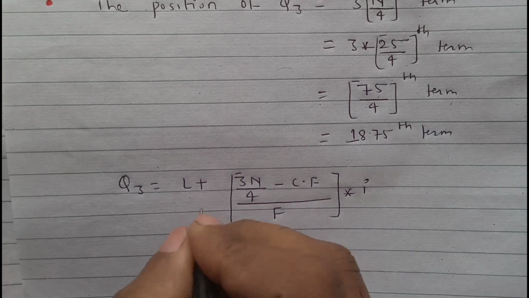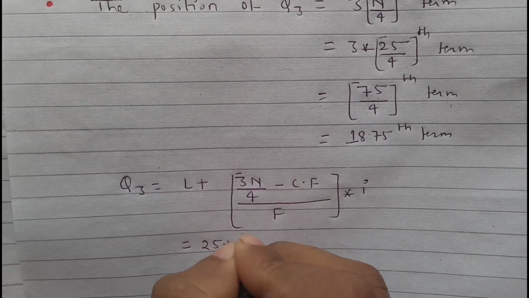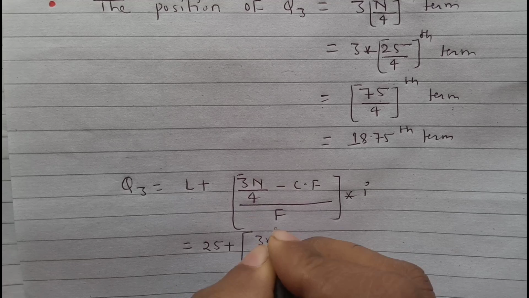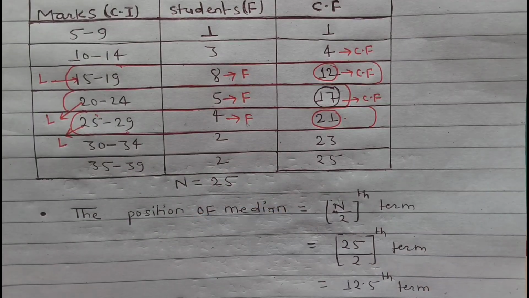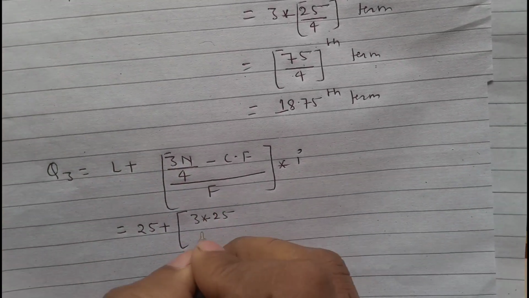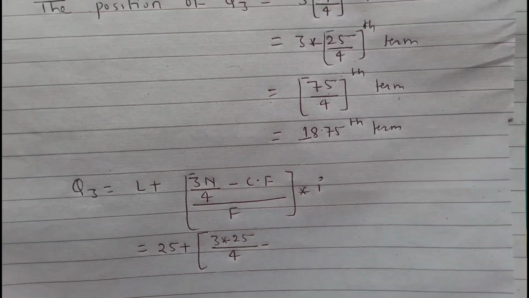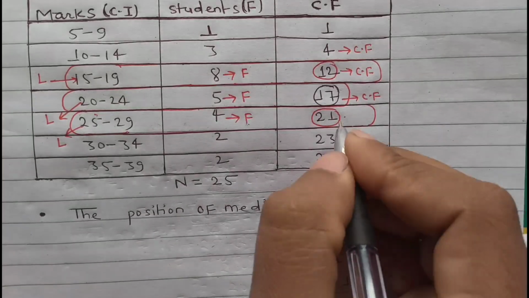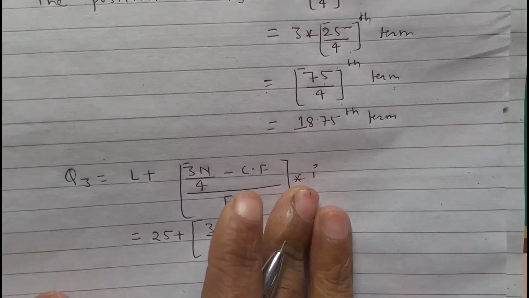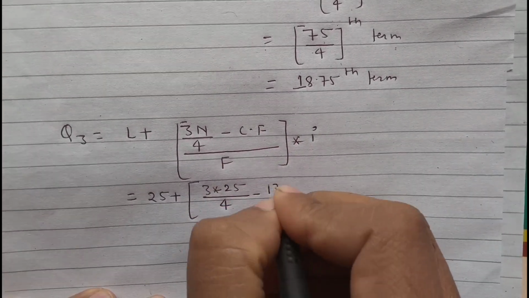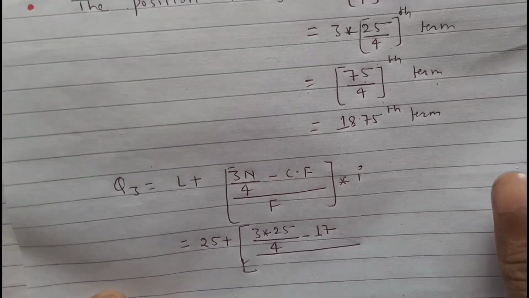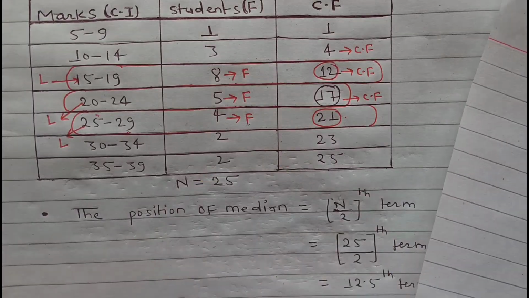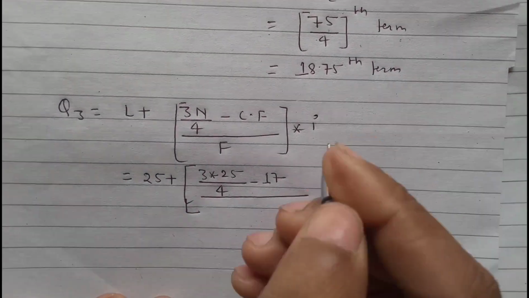So we have to write here L is 25 plus 3 into the value of n, which is 25 already. Clear? 3 into 25 divided by 4 minus CF. So CF is 17 here. So we have to write minus 17 divided by F. F is 4, you have to check. So you have to write here 4.